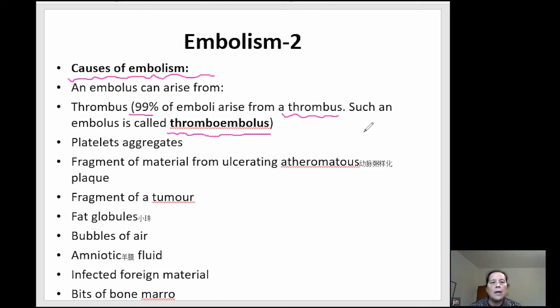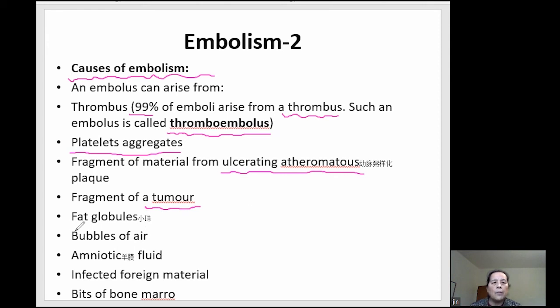Other reasons include some platelet disorders, where platelets are grouped together, and small pieces, like some ulcers inside blood vessels, that fall down. And occasionally some pieces of tumor in the blood circulation fall down.